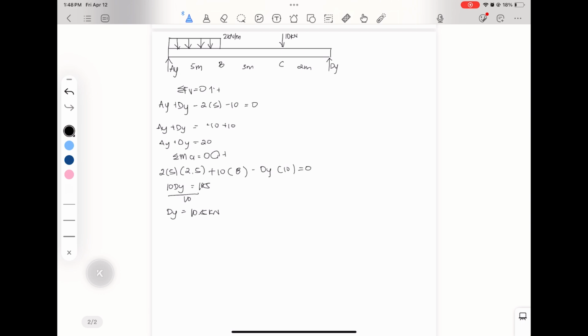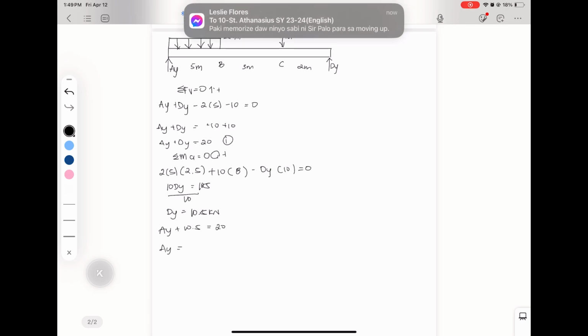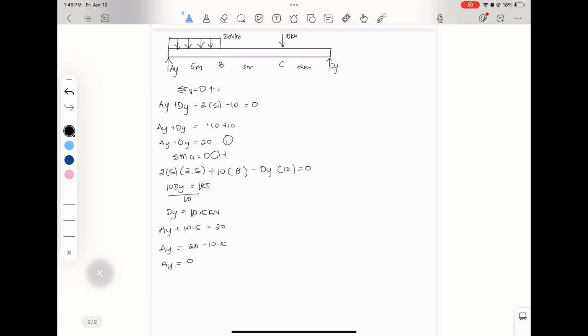Based from your answer, you can just use this on the first equation, which is this one. So AY plus 10.5 is equal to 20. So AY is equal to 20 minus 10.5, which is AY equals 9.5 kilonewtons.